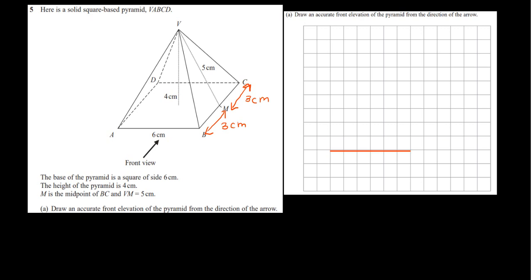Right, so it's 6 squares wide, and then I'll go 1, 2, 3, 4 squares up, and from there I will draw one line down here, and from there I'll draw a second line, and that's my front elevation. So it would be 6 centimeters across at the base, and the height would be 4 centimeters.